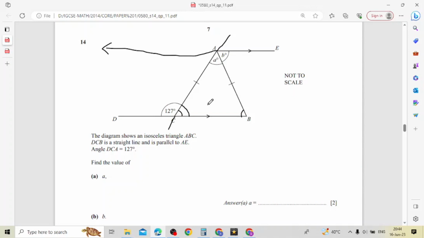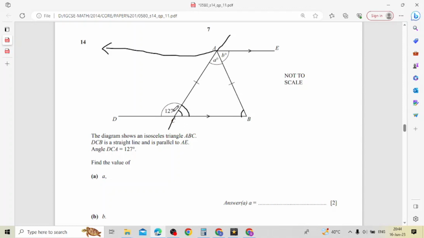Yes, supplementary angle we call it. Supplementary angle, sum of two angles is 180. Always a half circle is 180 degrees and the other half is 180 degrees, total 360.